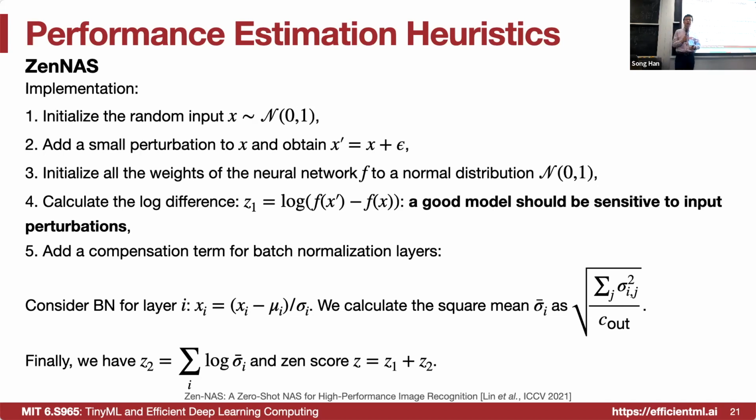So the question is, if the model is not robust, you change the input by just a little bit, then the output can change very dramatically, right? Let me see. There are also two terms, so this is just part of the story. You also have the second term, which is the standard deviation of the batch normalization layer.